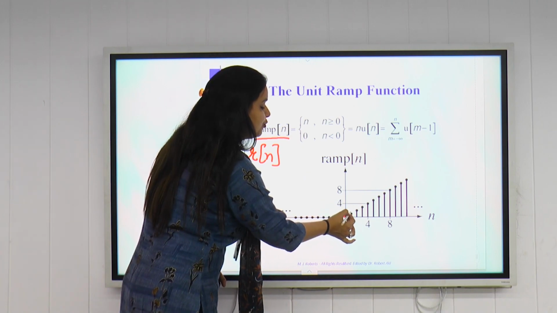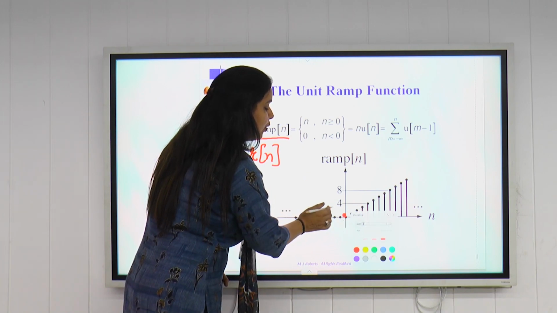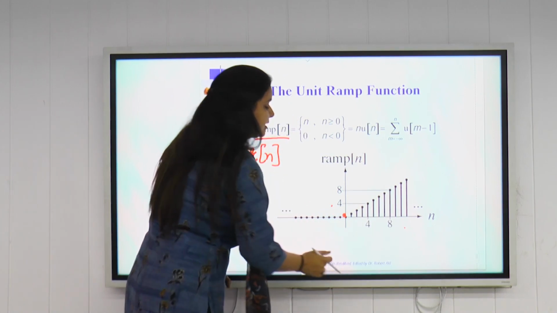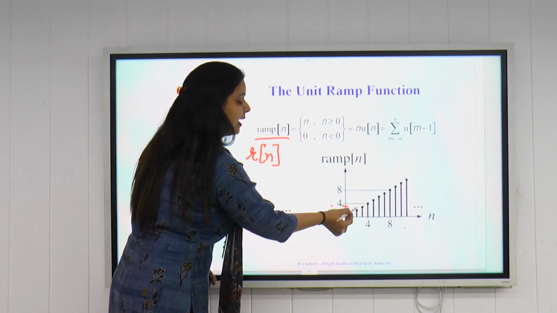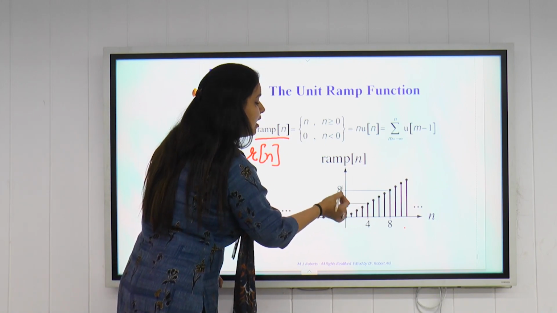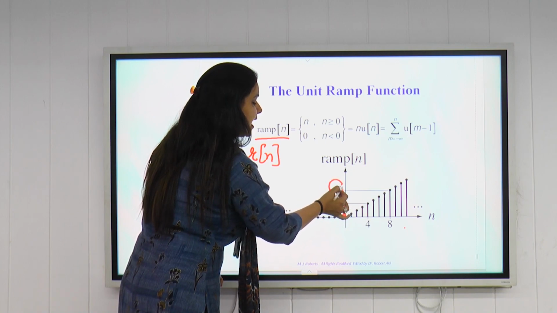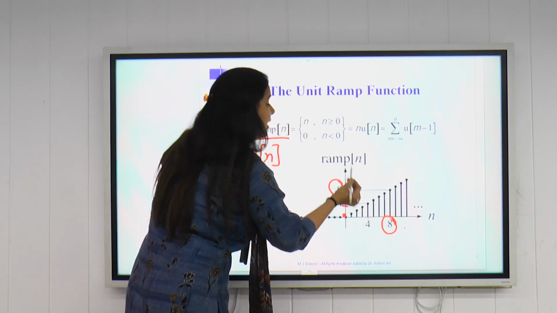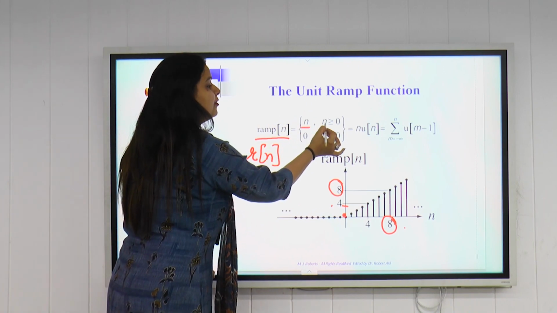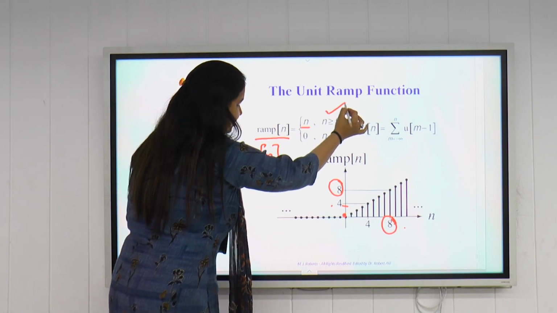At n equal to 1, it's 1. At n equal to 2, its value is 2. At n equal to 3, its value is 3. At n equal to 4, its value is 4. You can see at n equal to 8, its value is 8. So its general form will be n for n greater than or equal to 0.